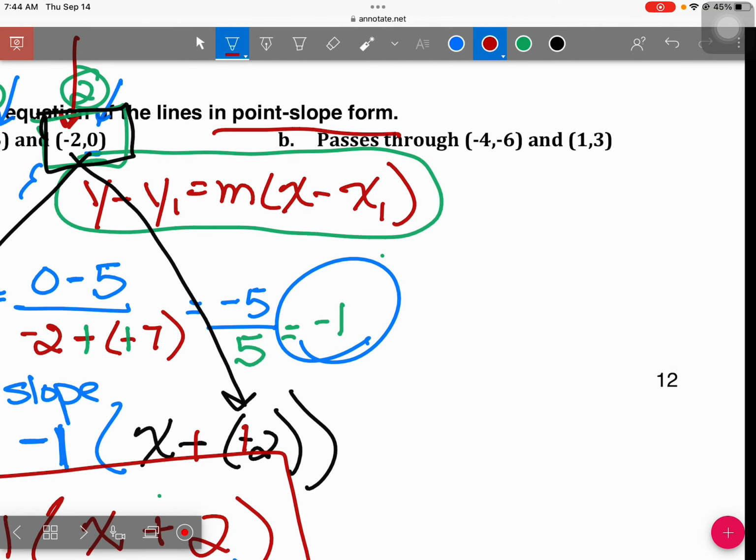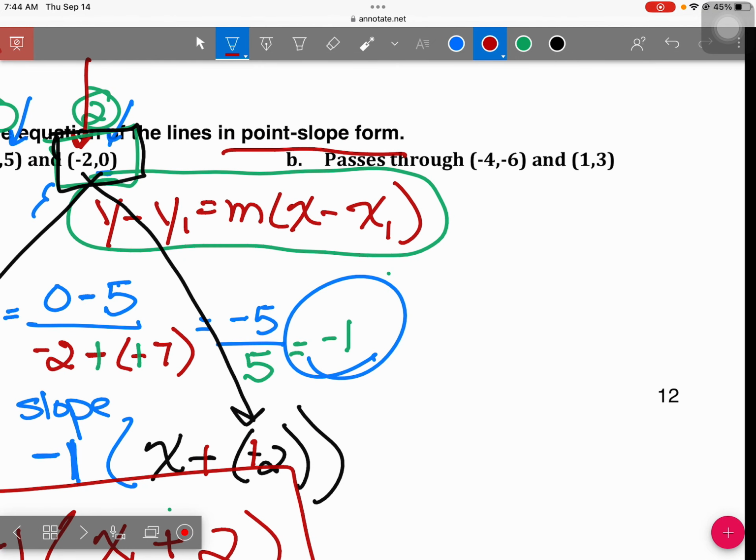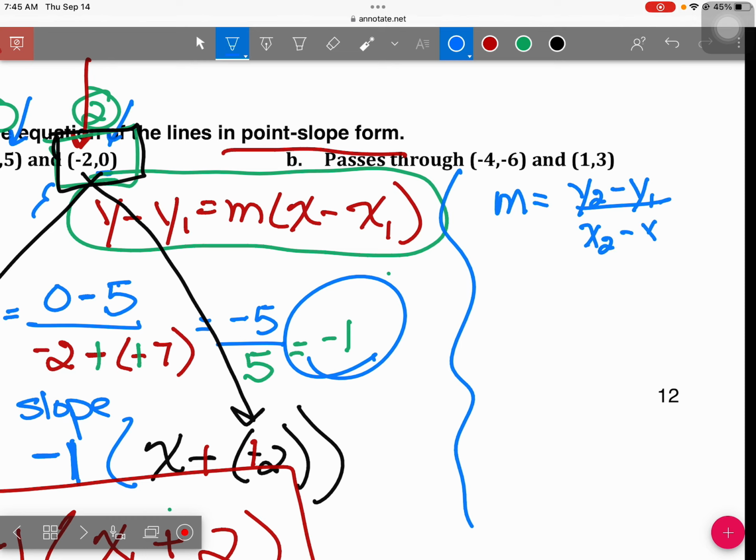Here we have an equation that passes through these 2 points. First of all, I need to find my slope. Slope is y sub 2 minus y sub 1, all divided by x sub 2 minus x sub 1.